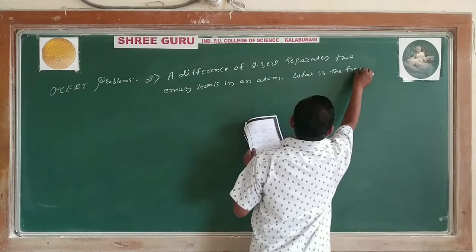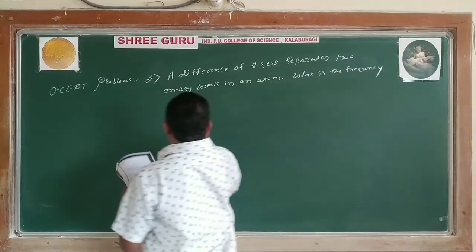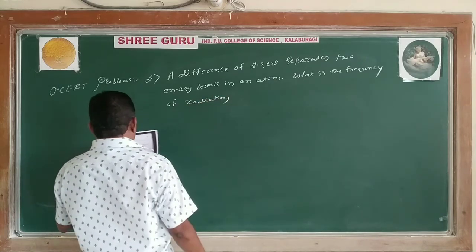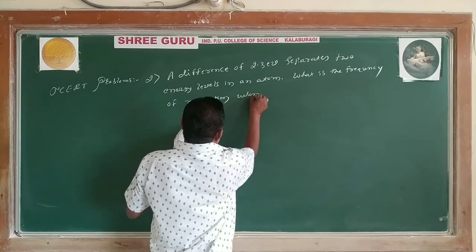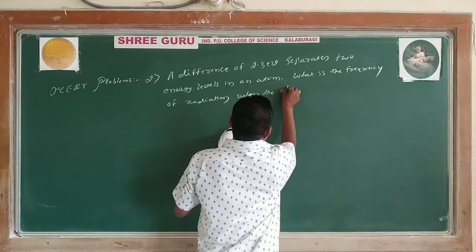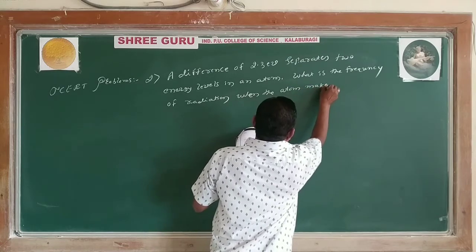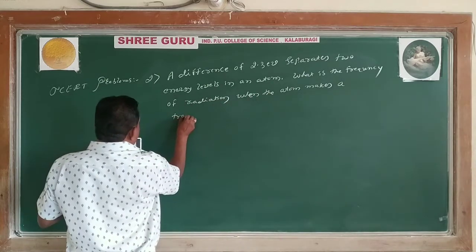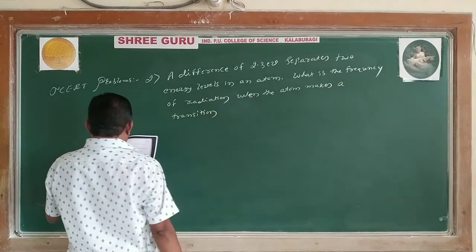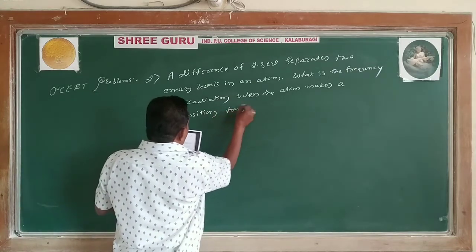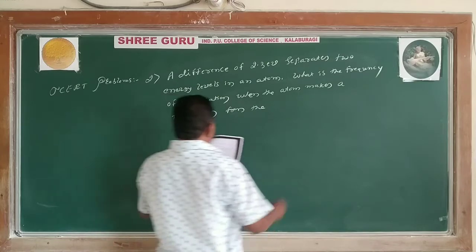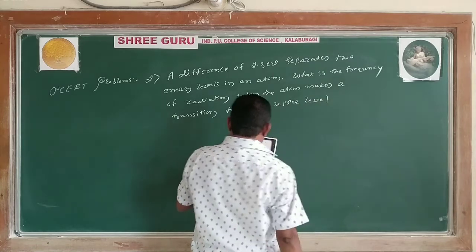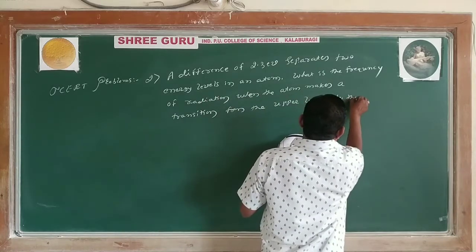What is the frequency of radiation when the atom makes a transition from the upper level to the lower level?